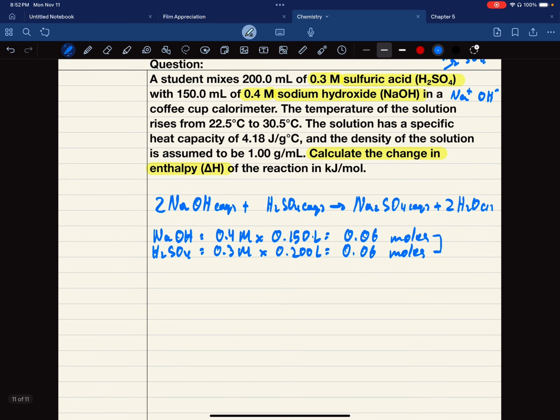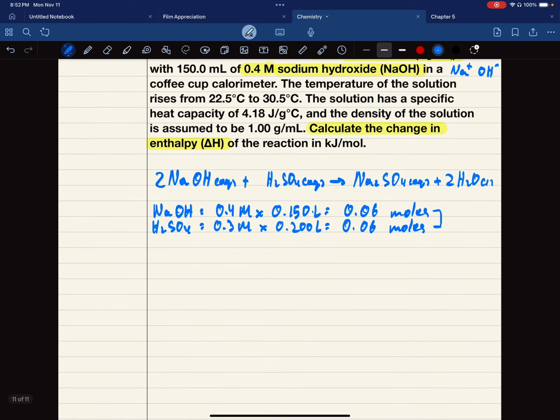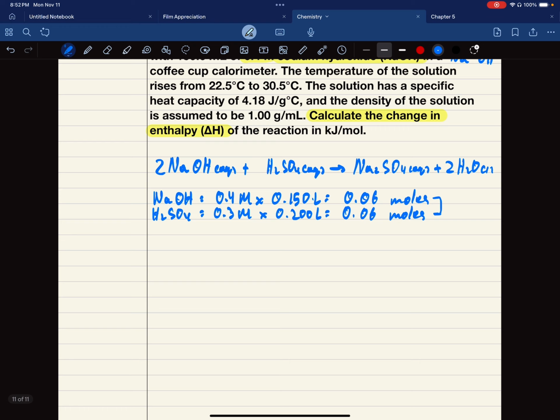We can tell that we need 2 moles of NaOH for the production of 1 mole of Na2SO4, and we only need 1 mole of H2SO4 for the production of Na2SO4. So this tells us that NaOH is the limiting reagent.